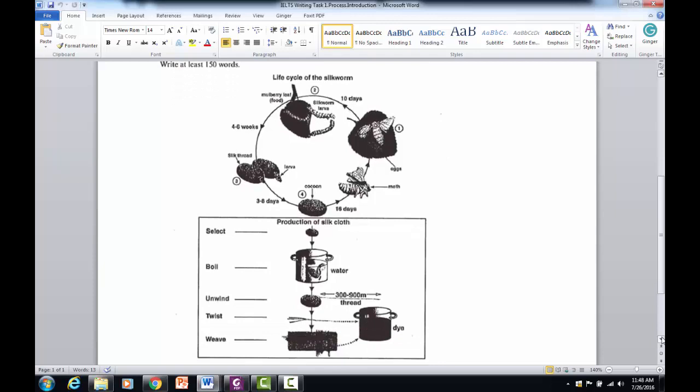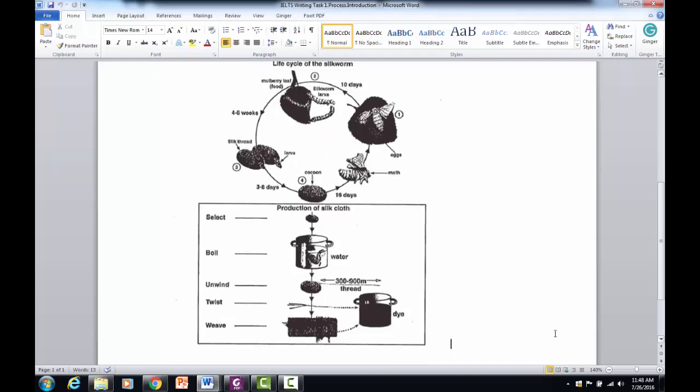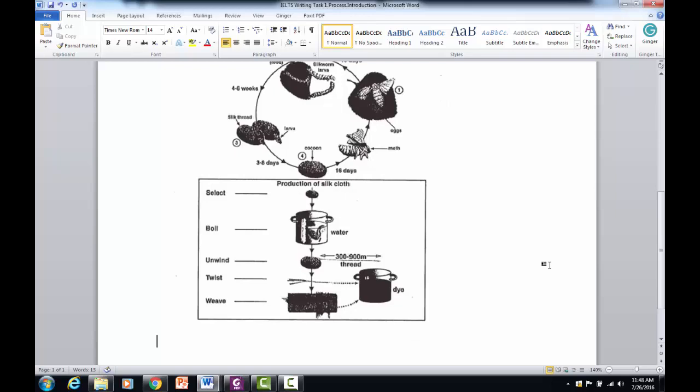Okay, so here we're going to write this introduction. The first part describes the life cycle of the silkworm, and the bottom part describes the production of silk cloth. When we write an introduction, I like to look at it without really looking at the language they use, and write an introduction. This is somewhat what it would look like. I'm going to start off by giving you a really good example.